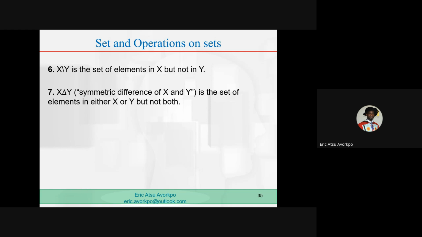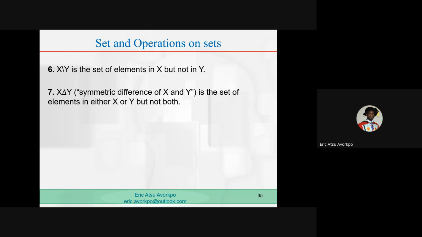Then we also have the symmetric difference between X and Y, whereby we say that X delta Y is just the symmetric difference of X and Y. It's just the set of elements in either X or Y, but not both.